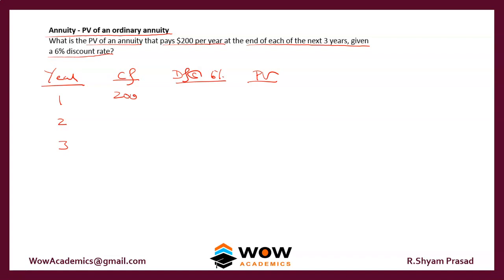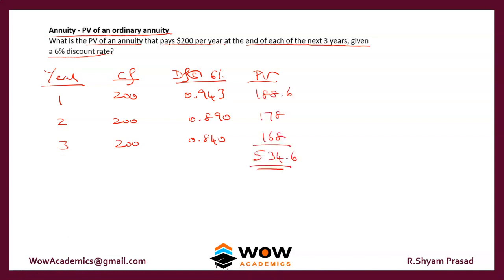Cash flow received is 200, 200, 200. This is the discount factor, so we'll multiply and get the present value for each year. So this is the total present value of the annuity.